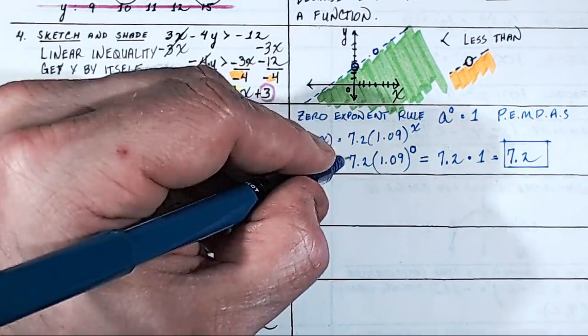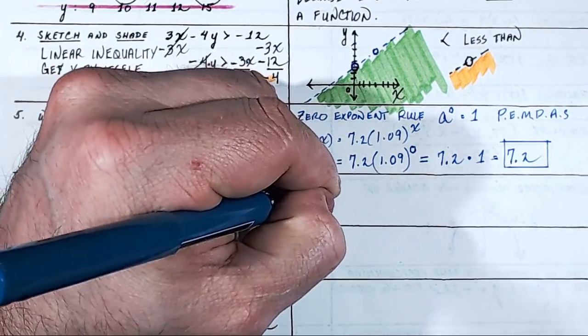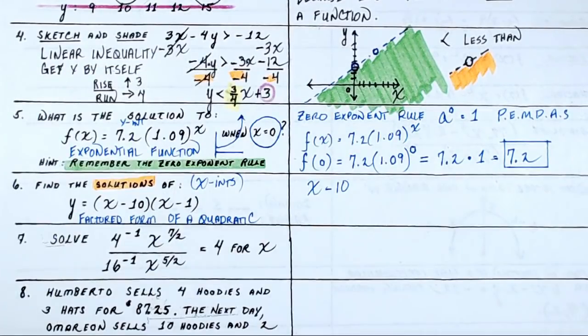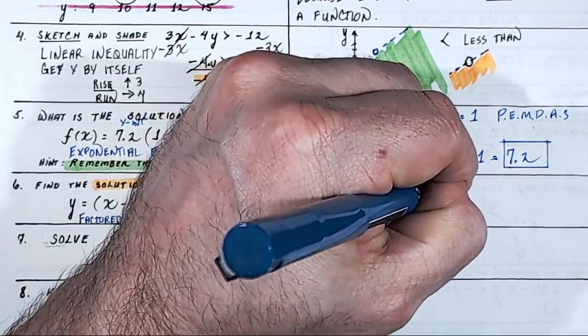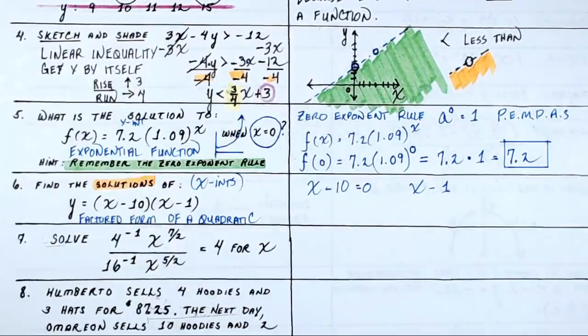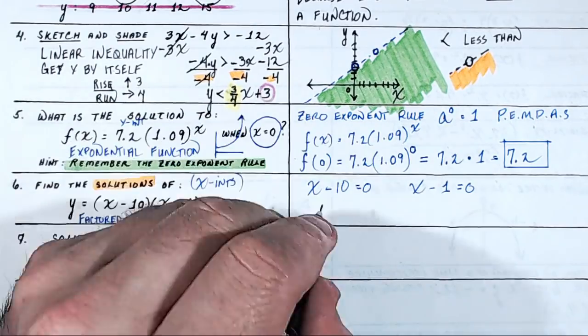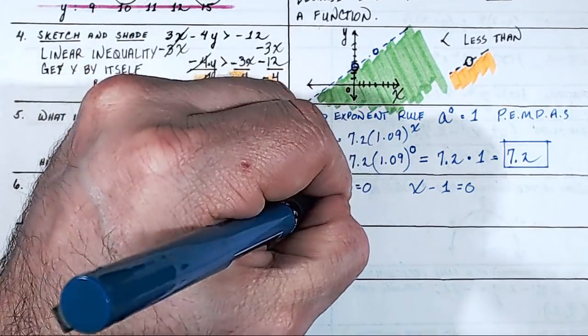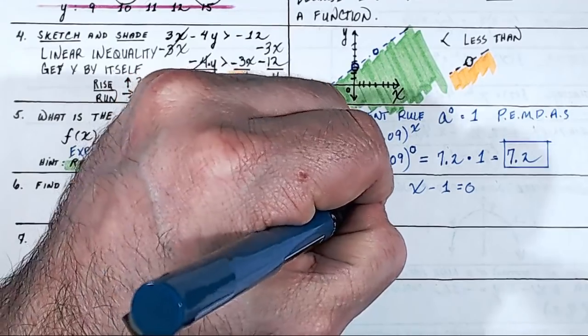We can just take these factors, x minus 10 and x minus 1, set them equal to 0, and then just solve for x. So to get x by itself, I'll add 10 to both sides.